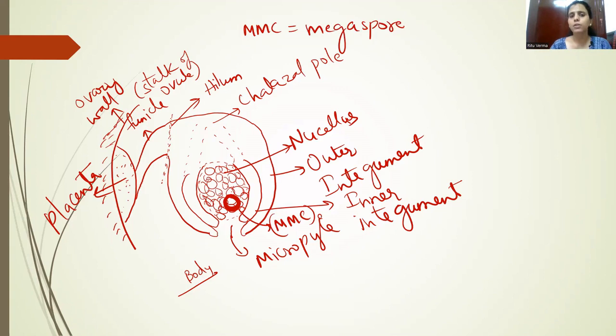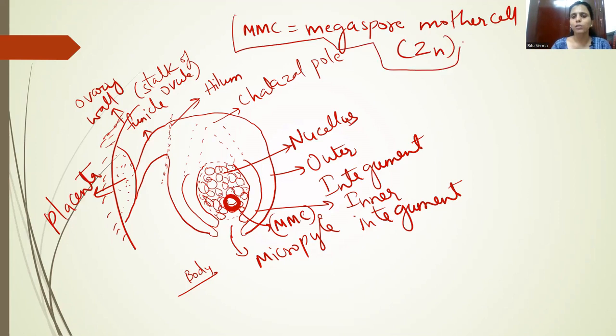So the cell which will produce the female gamete is known as the mother cell. And this megaspore mother cell is diploid. Obviously it will be diploid. It will undergo meiosis 1 and meiosis 2, and it will produce haploid gametes.